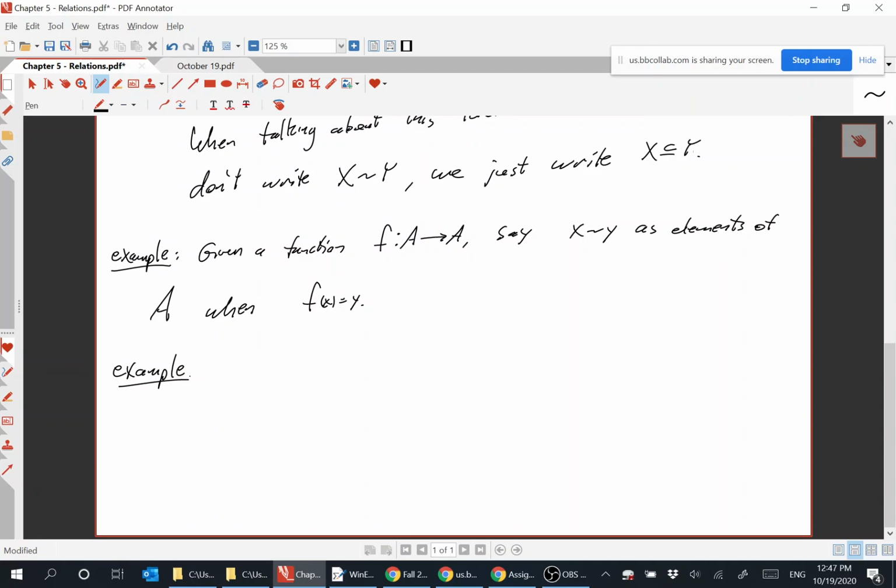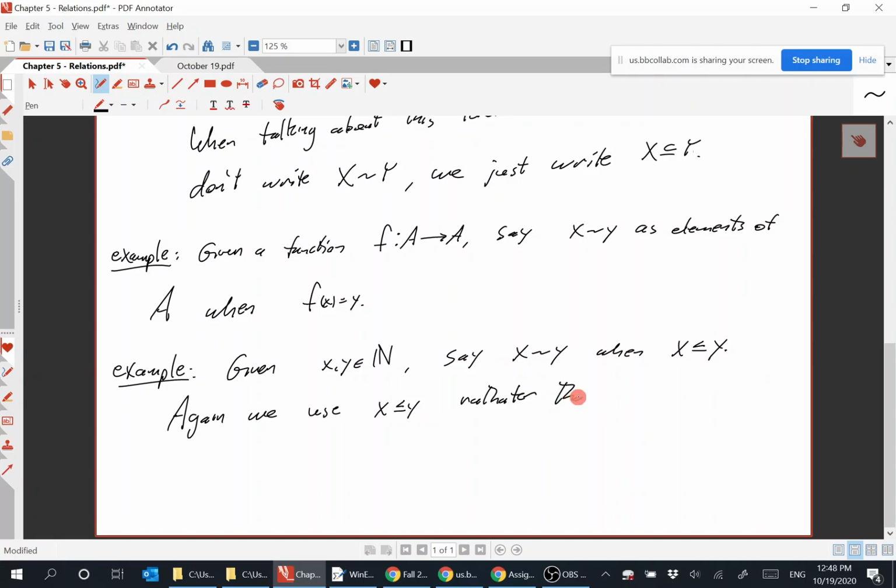It becomes a relation. Here's something: given x and y in the set of natural numbers, say x is related to y when x is less than or equal to y. Okay, again, we use x less than or equal to y rather than the twiddle notation. When the relation has a notation, we use that notation.